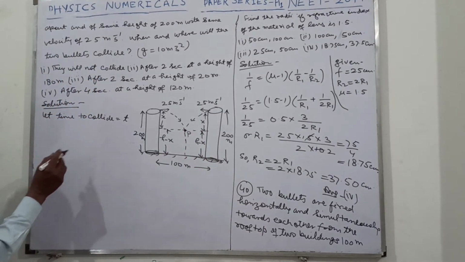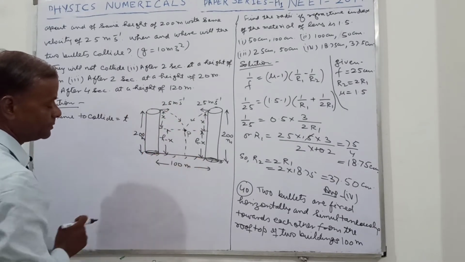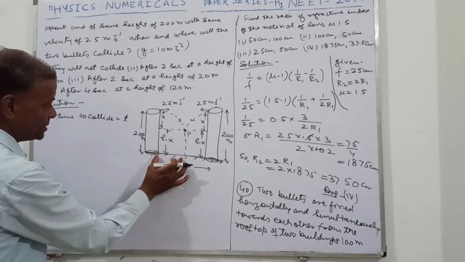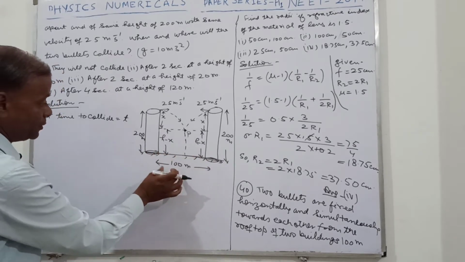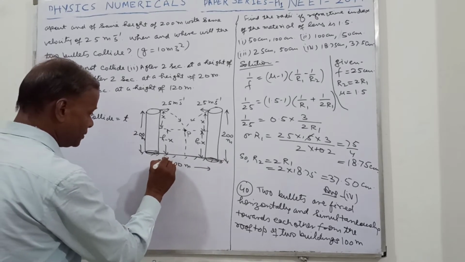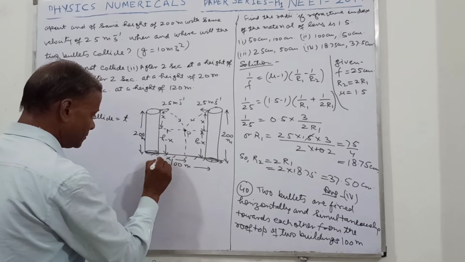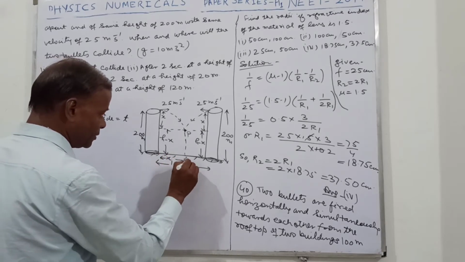So they are horizontal, then you find this distance, and let this distance be x1 and this distance be x2. So the sum of these two will be 100 meter. So this horizontal range is x, then this is 100 minus x.